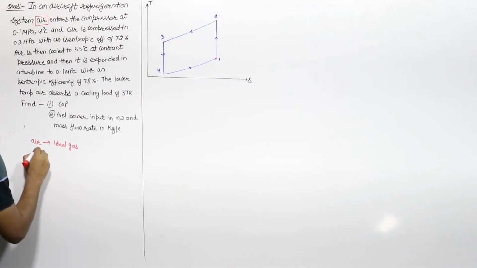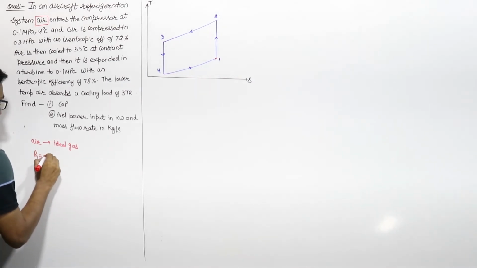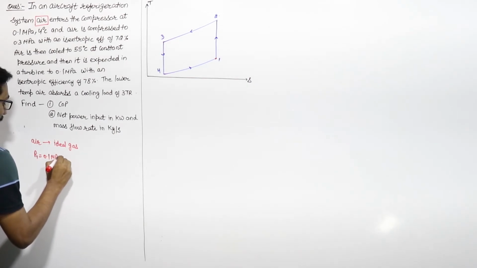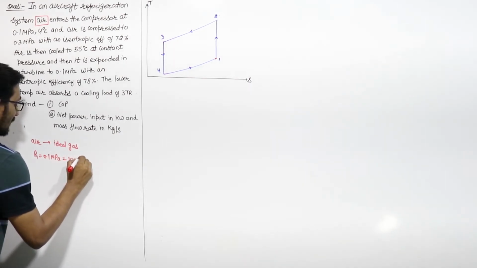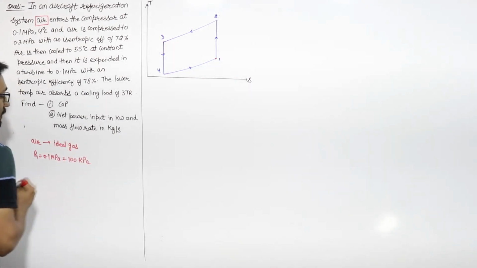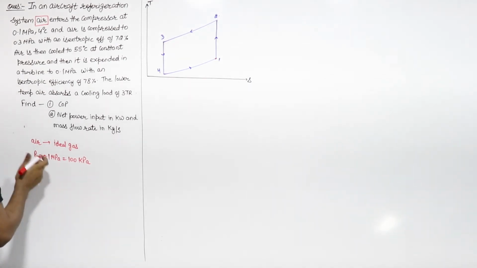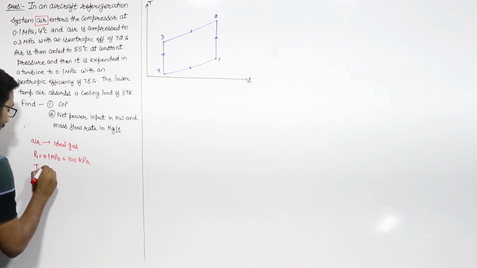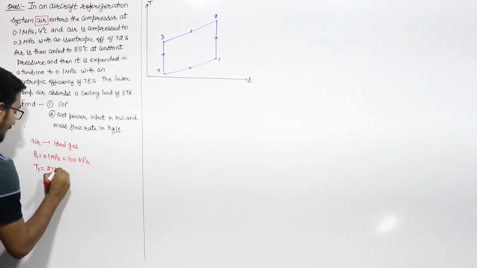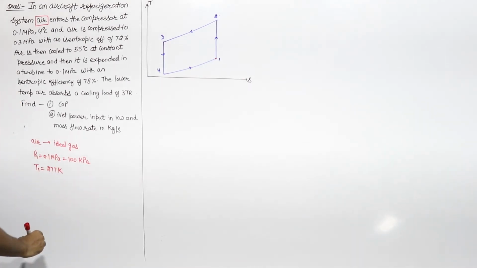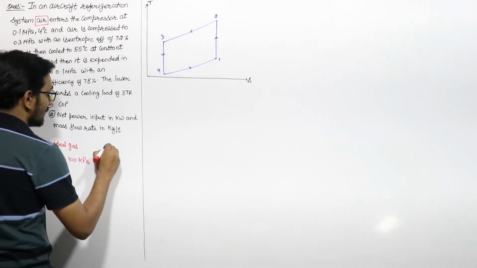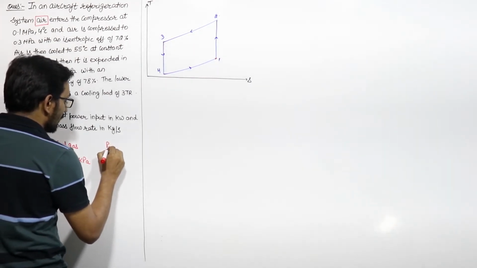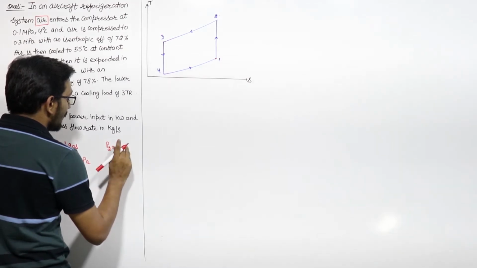It enters the compressor at pressure 0.1 megapascal, P1 is given 0.1 megapascal, that is 100 kilopascal, right? Convert it into kilopascal. Temperature T1 is 4 degrees Celsius, that means 277 Kelvin. And air is compressed up to 0.3 megapascal, that means P2 is given 0.3 megapascal.